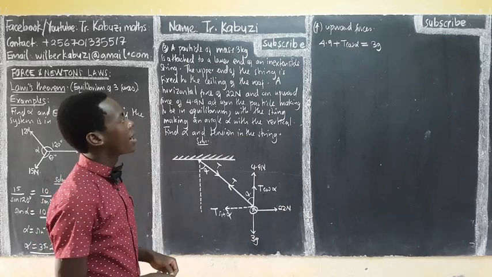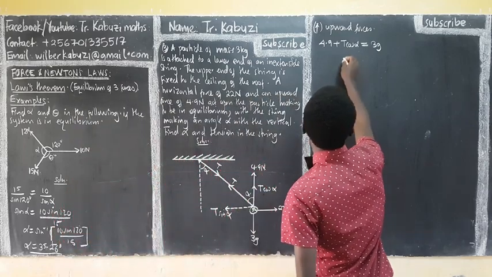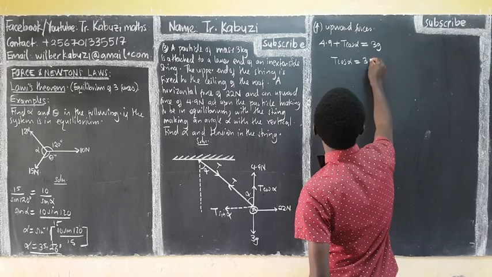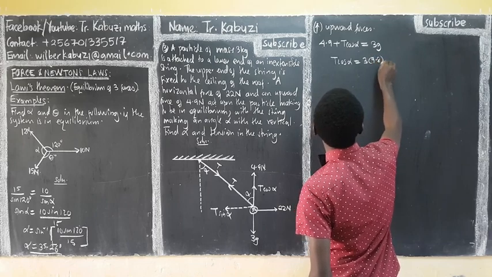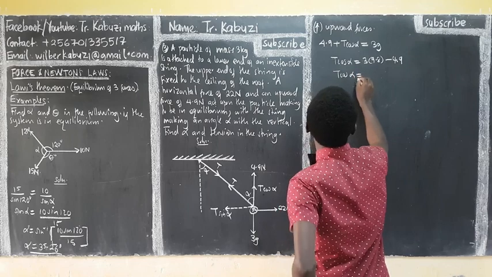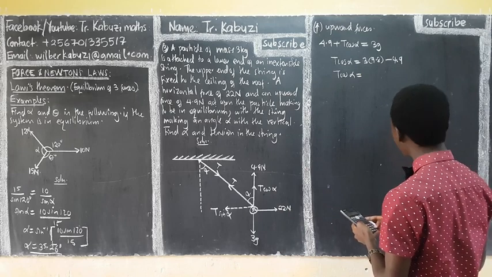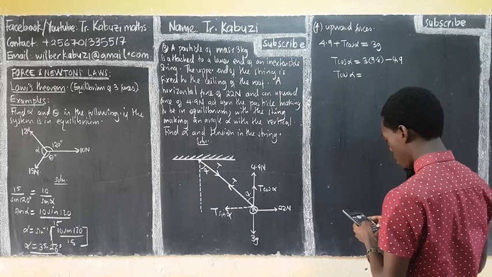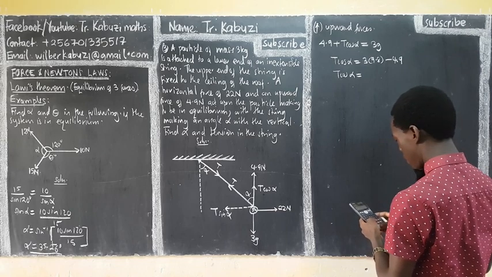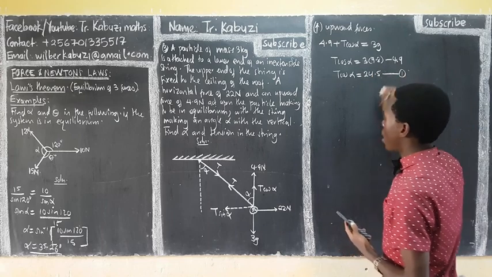So from here, my T cos alpha is going to be 3 times 9.8, minus 4.9. And so my T cos alpha, if you simplify that, is going to give us 24.5, and I call this equation 1.